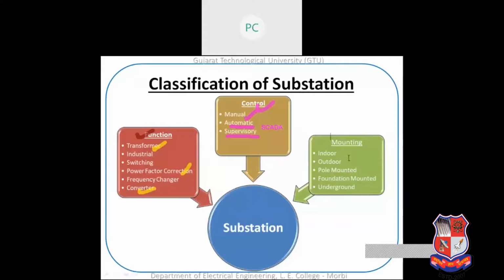So the first is the indoor type substation, where we are mounting the entire assembly of the electrical apparatus inside a specific type of arrangement. It is known as an indoor substation. These indoor substations are used for voltage ratings up to 11 kV, right?